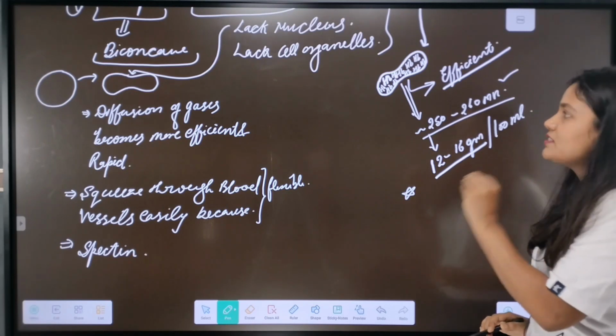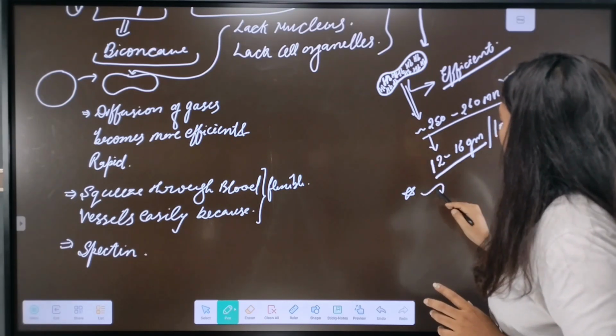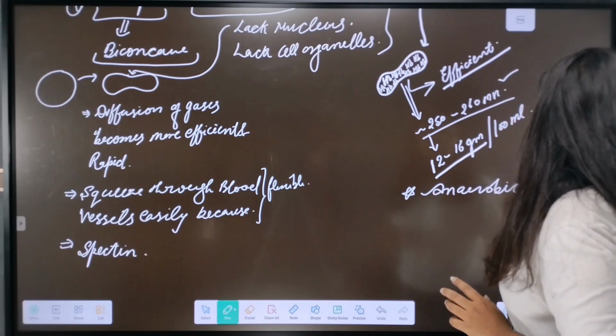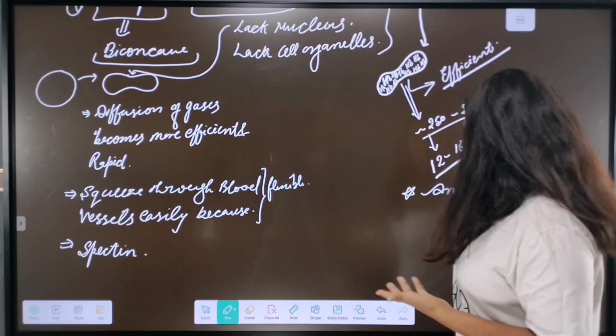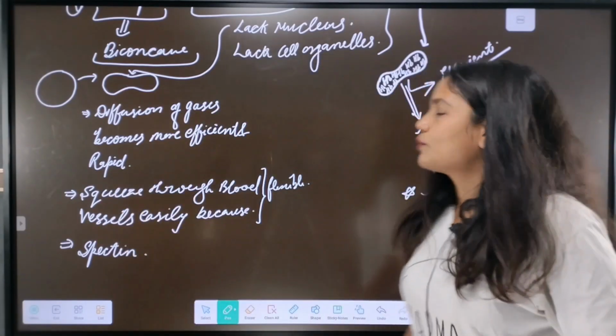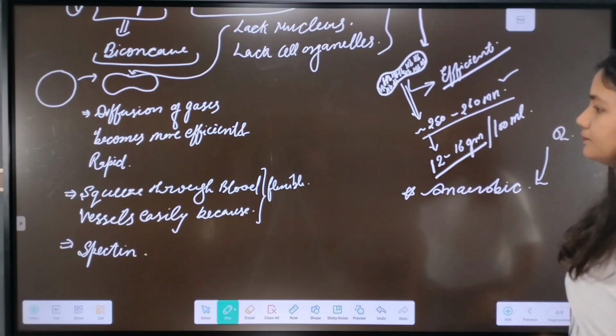So they do anaerobic respiration instead of aerobic respiration, in which a cell uses oxygen. Here they do anaerobic respiration to save the oxygen.